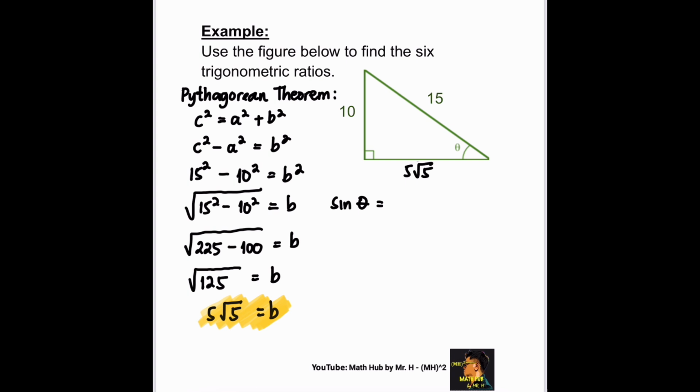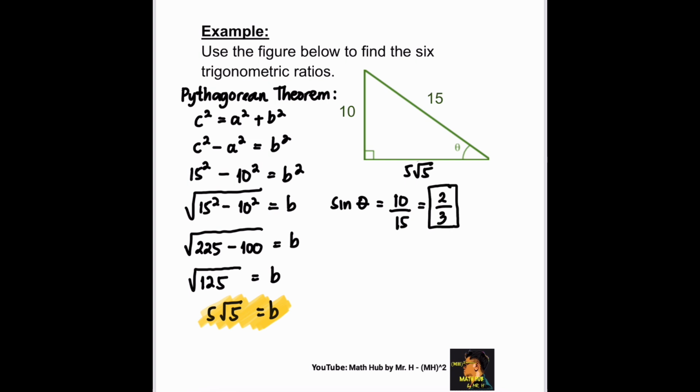we know that to find sine theta, we need to use the opposite divided by the hypotenuse. So for this specific triangle, opposite is 10 divided by hypotenuse is 15, which will give us 10 over 15, needs to be reduced, and it's going to be 2 over 3.